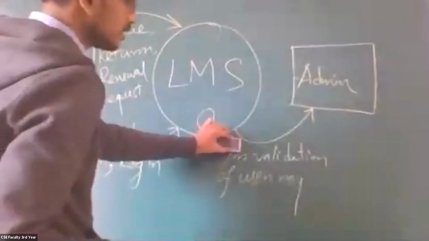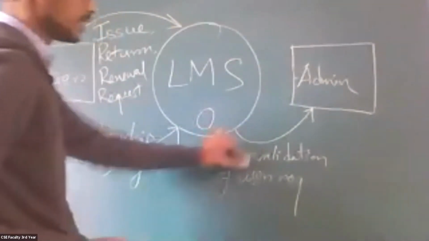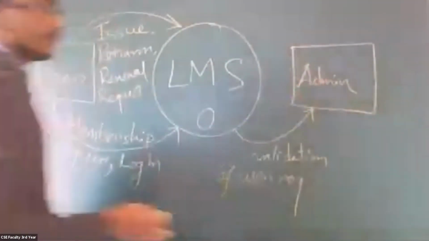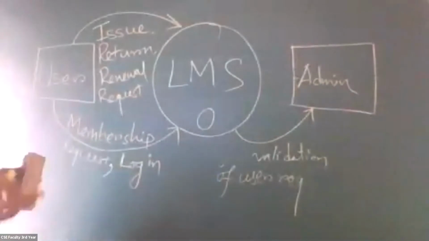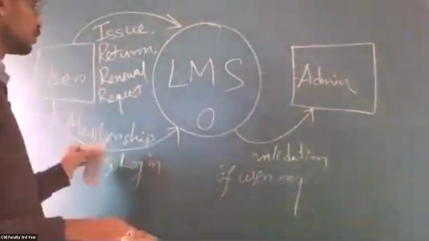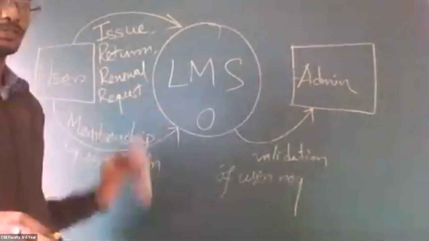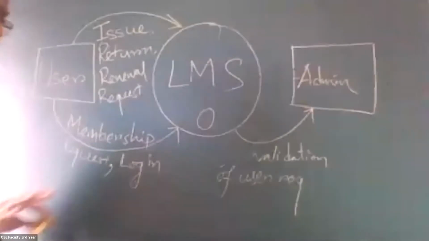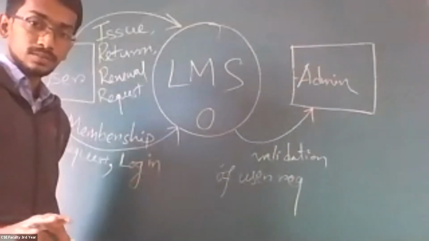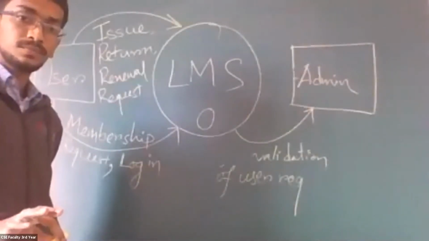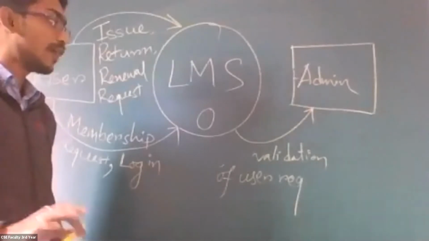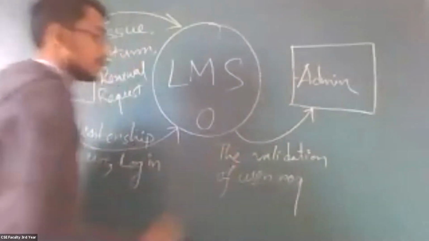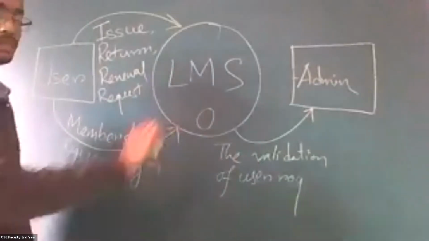The information will be shared to the admin, and the admin will check if the user is valid, if the book that the user has issued is a valid book, or it exists or not, something like that. The admin will check, right? For the validation of the user request.